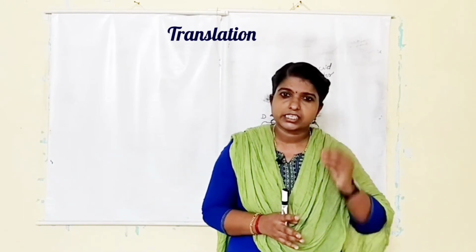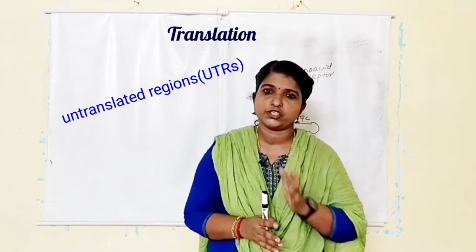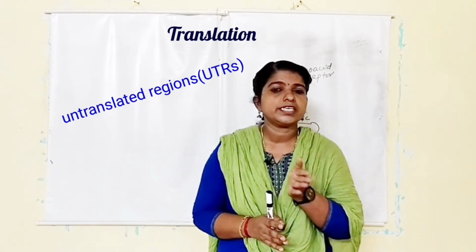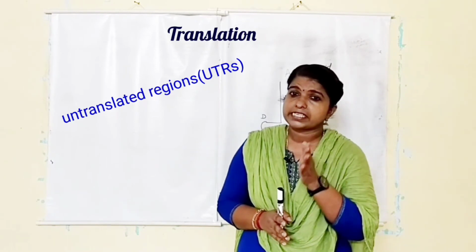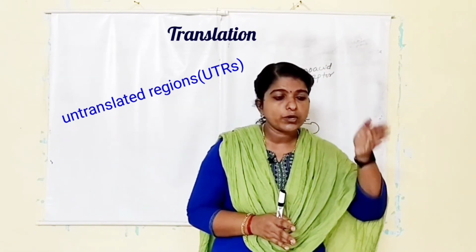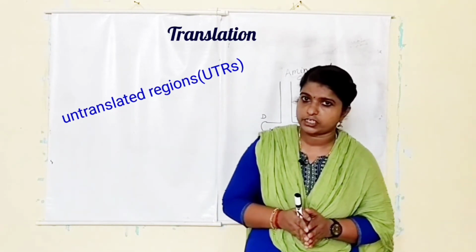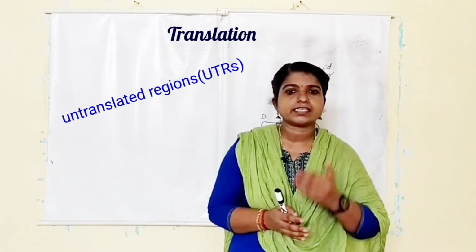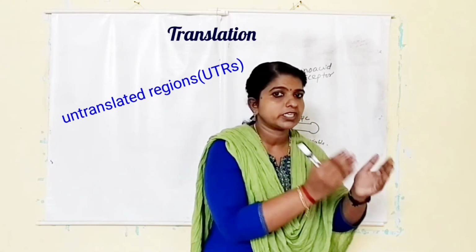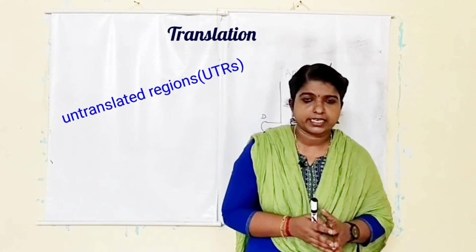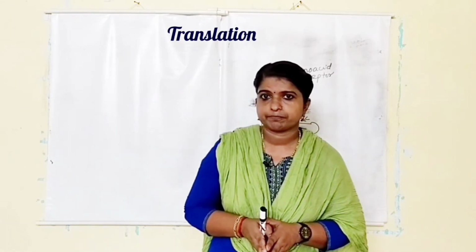Such sequences are known as untranslated regions, UTR. Okay, it is present before the start codon in the 5' end and after the stop codon in the 3' end. It increases the efficiency of the translation process. Actually, it is not translated into amino acids or proteins. Okay, these are untranslated regions.